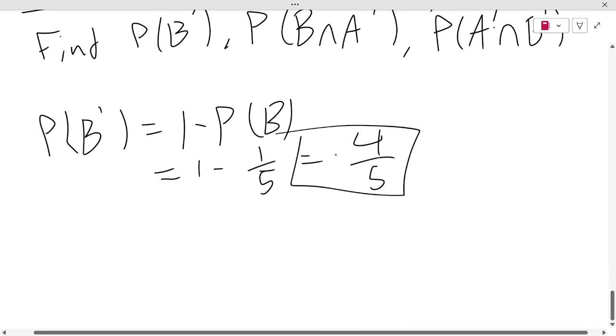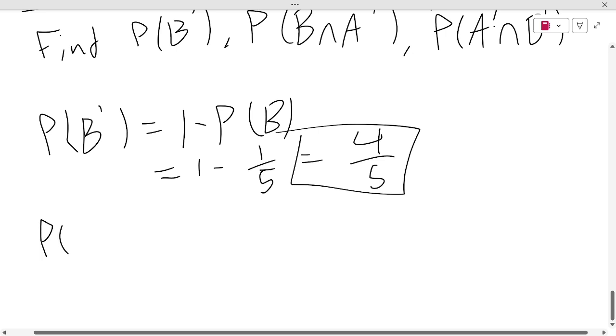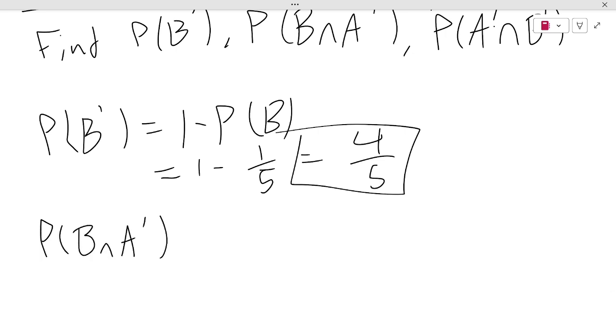Next, probability of B intersect A complement. With these ones, B complement was simple because we just had to do the 1 minus thing. But for these ones, what does this mean? Let's get a picture going to see if we can get a better interpretation.